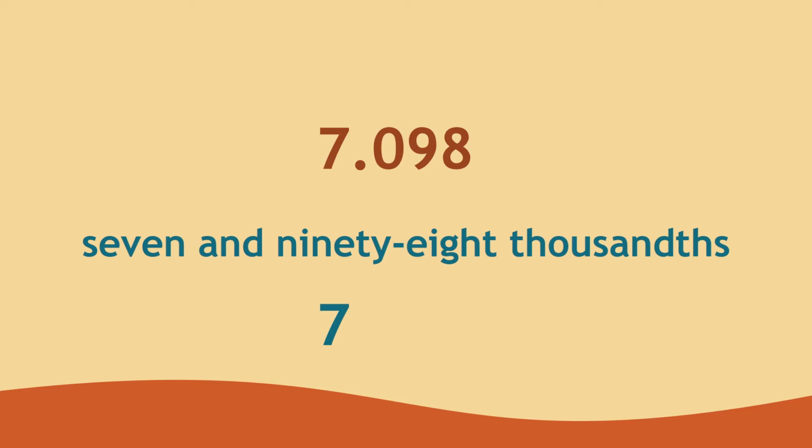The 7 is the whole number, and we already have that written there. And then the 98 thousandths becomes the fraction. The 98 goes on top as our numerator, and the 1,000 goes on the bottom as our denominator. So here are two of our forms: we can write our decimals in word form and in fraction form.